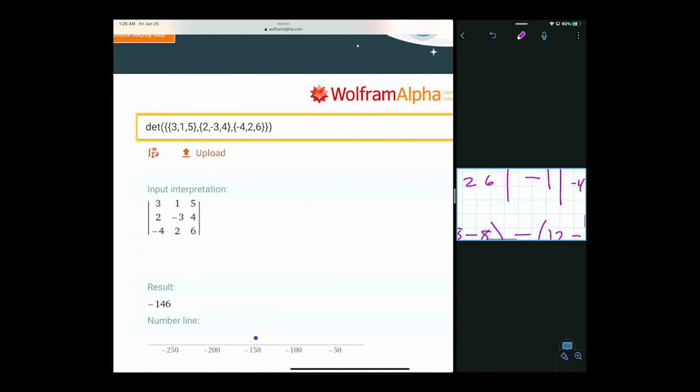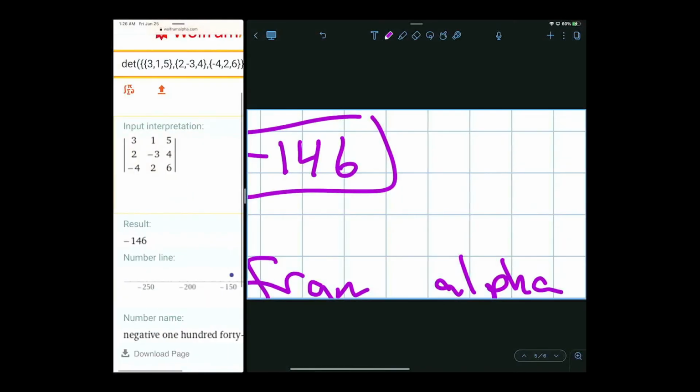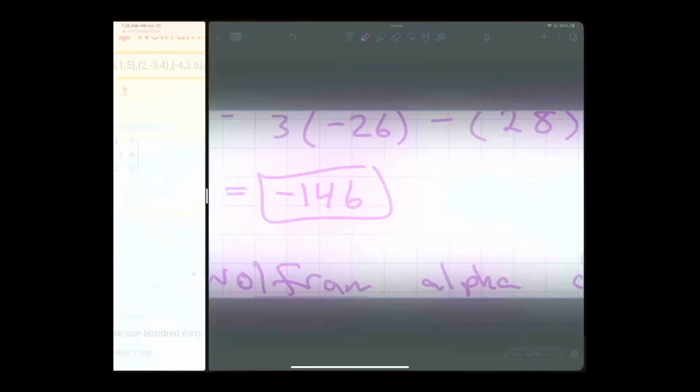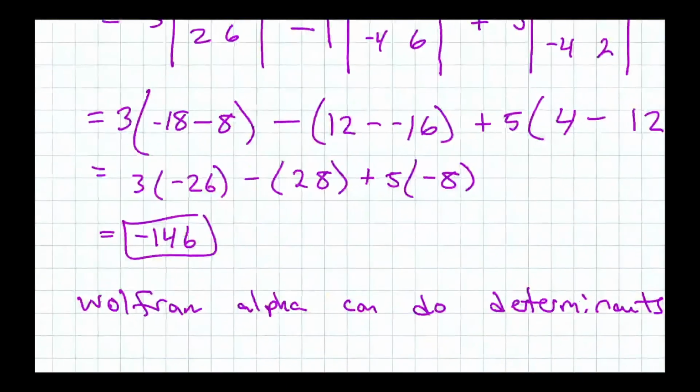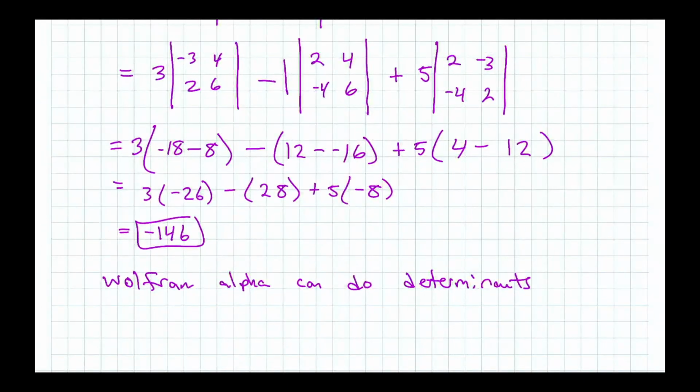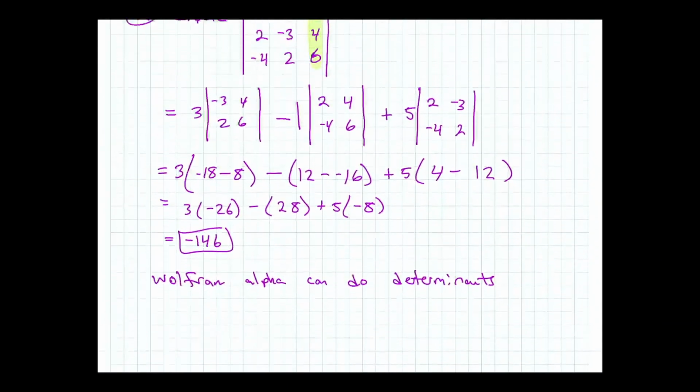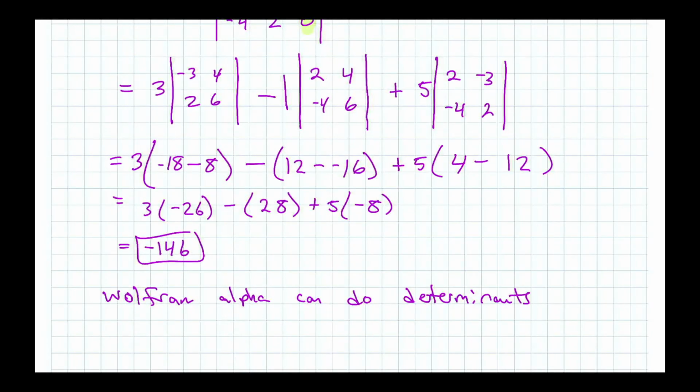And of course, that was a lot faster than I calculated it by hand. Okay, so Wolfram Alpha can do those for you, and that's nice. So Wolfram Alpha can do determinants too.